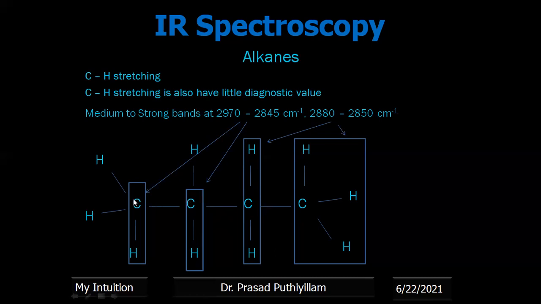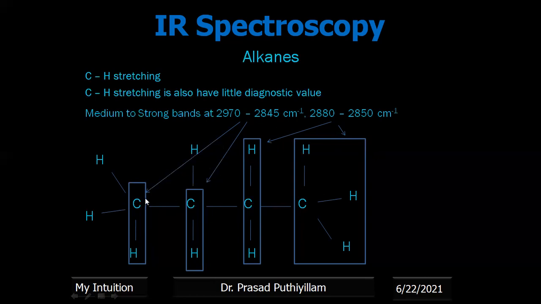If it is an isolated CH, not influenced by others, then we'll get a peak in the region 2970 to 2845. Or if it is a methylene group's CH or methyl group's CH stretching, then it will absorb around 2880 to 2850. I already explained in my previous videos why the difference.